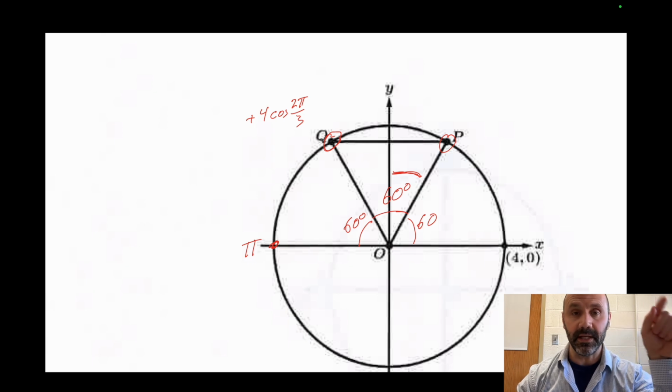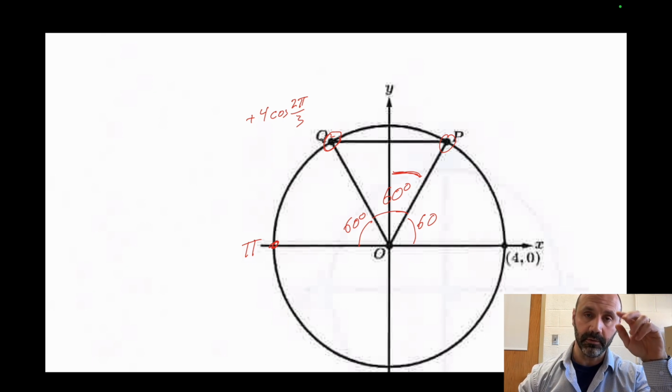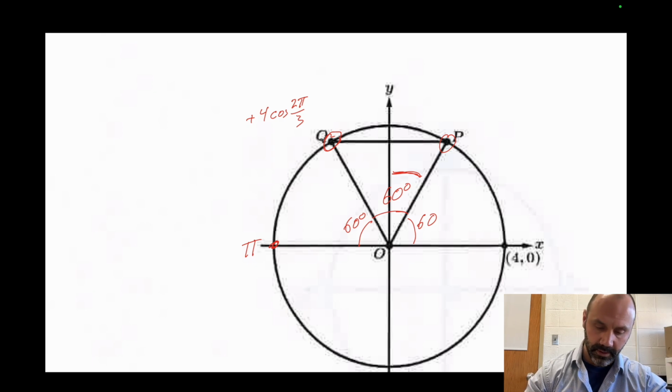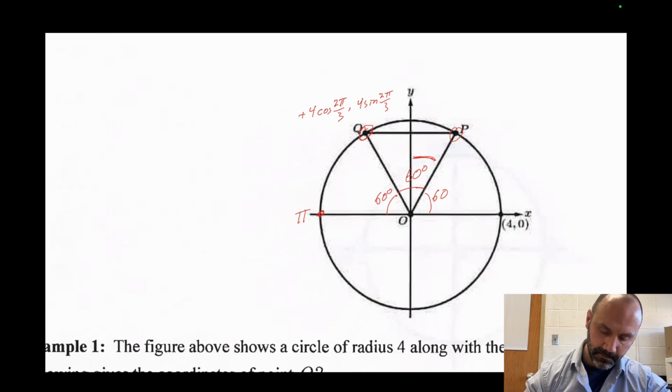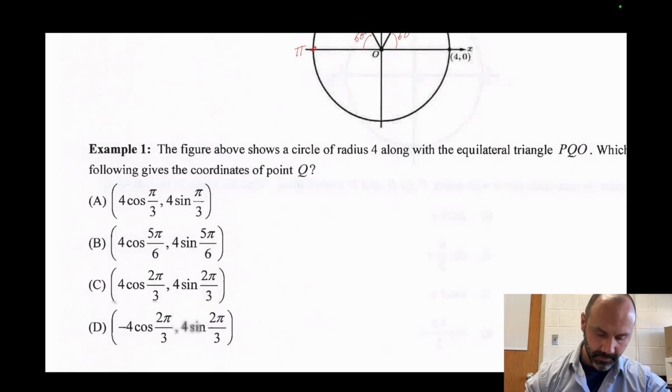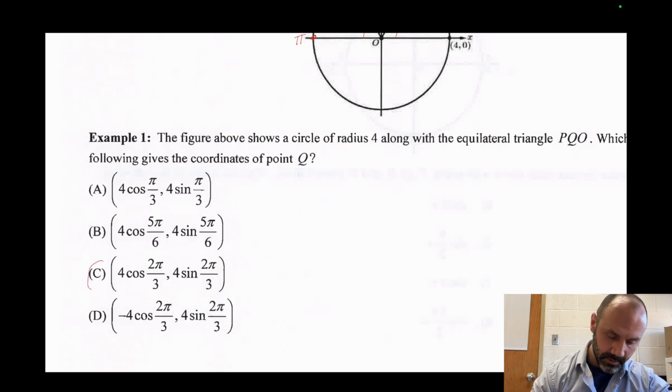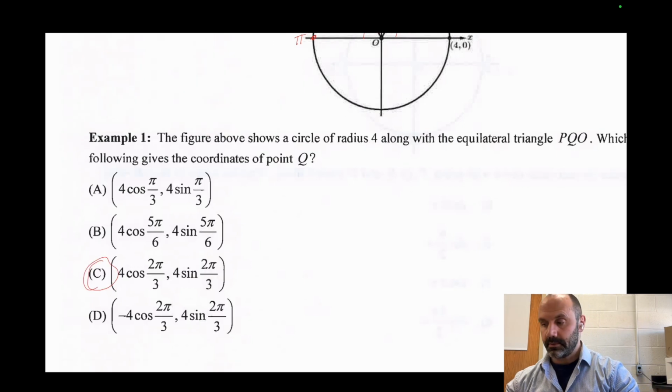It's going to be the same as negative cosine of pi over 3. You could try that, put it in a calculator: cosine of pi over 3 and then cosine of 2 pi over 3. It should just give you the negative value of that. And then for sine of 2 pi over 3. Okay, so that's going to be answer C. Yes, got it right.